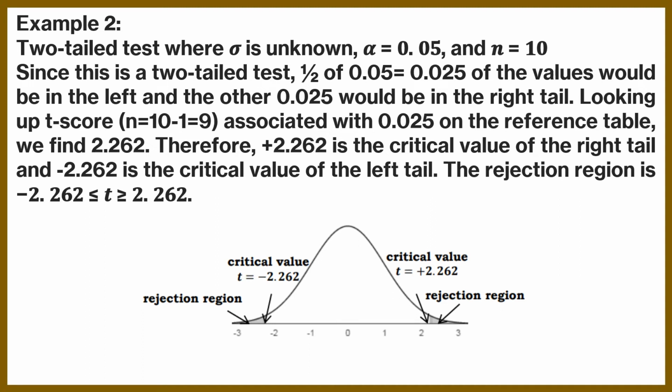Same with kung ito ay magpo-fall sa negative 2.5 yung ating T-score, magpo-fall yan sa rejection region natin. So, reject the null, accept the alternative hypothesis. Okay po. Kung nag-fall naman yan sa positive 1, nasa fail to reject yan. So, therefore, we have to accept the null hypothesis and then reject the alternative hypothesis. Okay po. So, clear po tayo doon. Malinaw po.